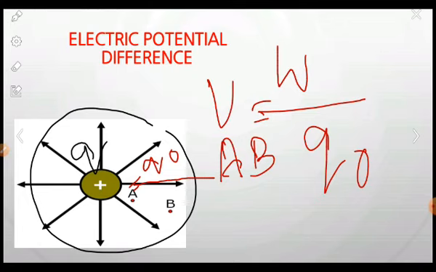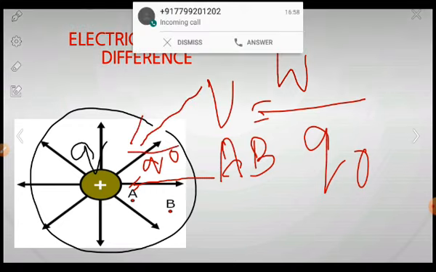We have to move Q naught into the field for calculating electric potential, or between A and B, the amount of work done is calculated against the direction of the field.